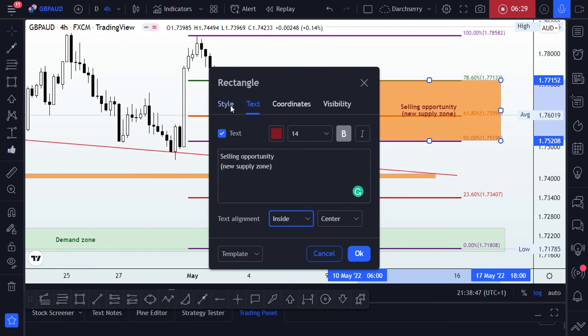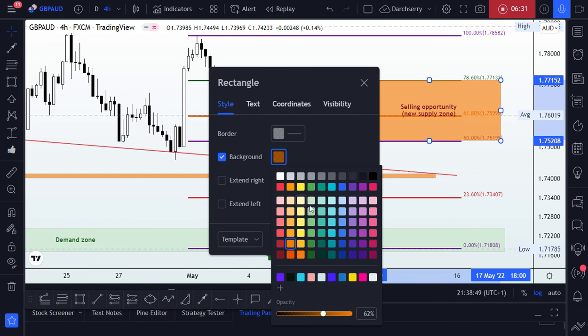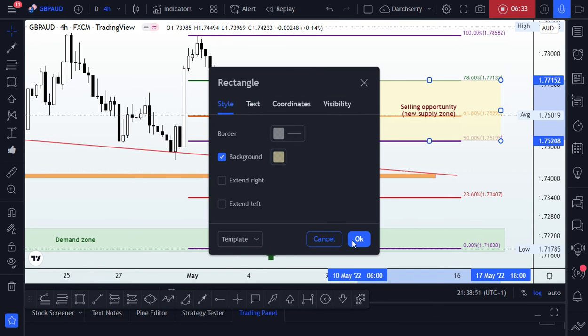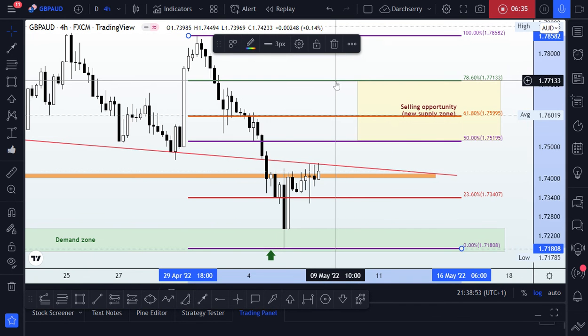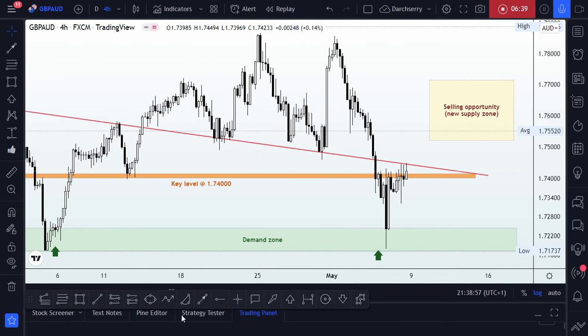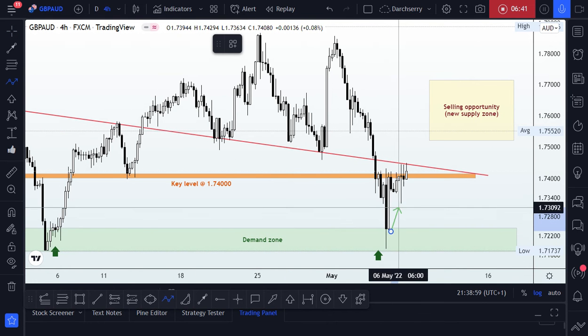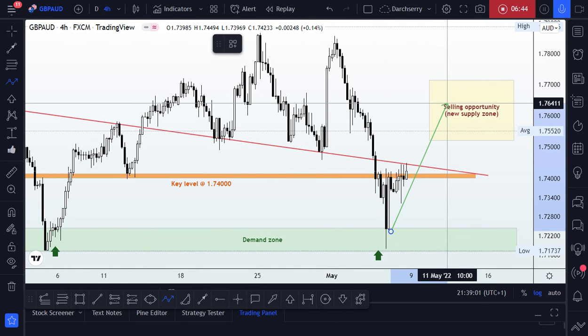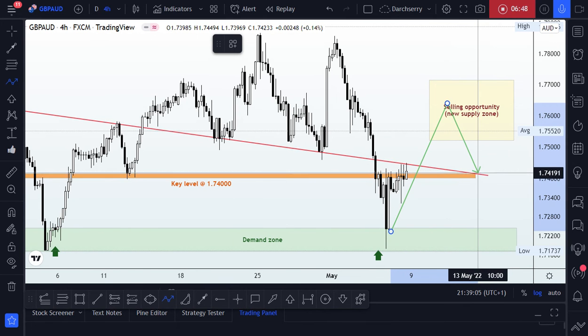Now, let's place this inside and give this a yellow instead. So we have something like this. Let's delete this. So like I said, we might be looking forward to something like this, since we had a rejection, a selling opportunity, then price comes back into this trend line.